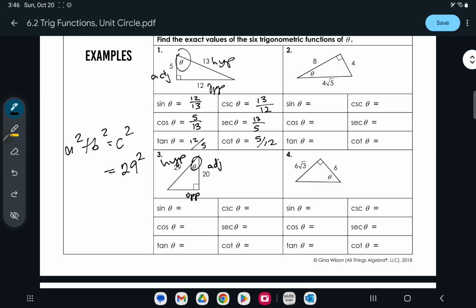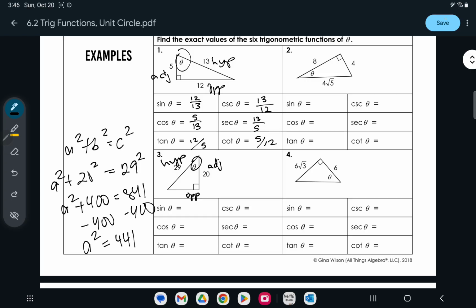The other side lengths are a and b, so a squared plus 20 squared equals 29 squared. A squared plus 400 equals 841. Subtract 400. A squared is 441, and then the square root of that is 21.